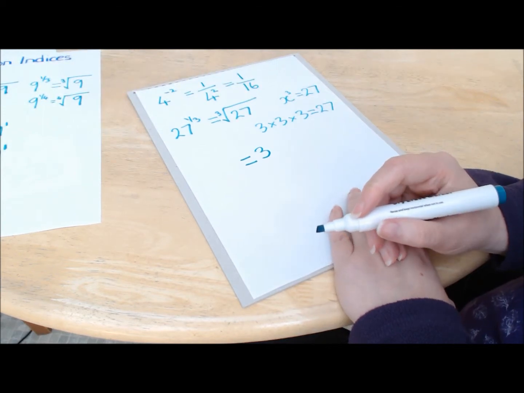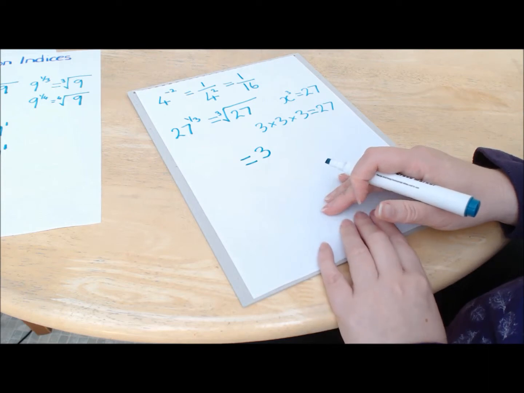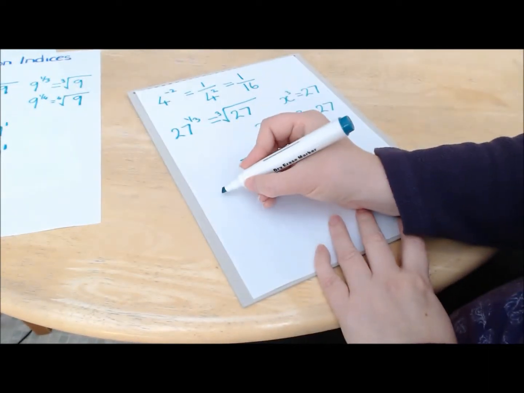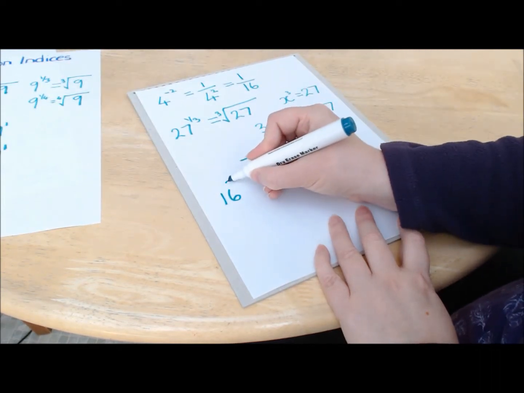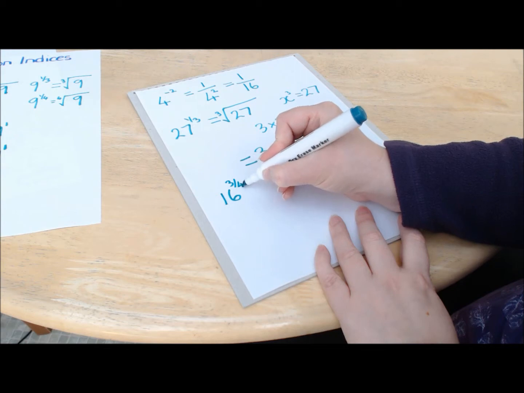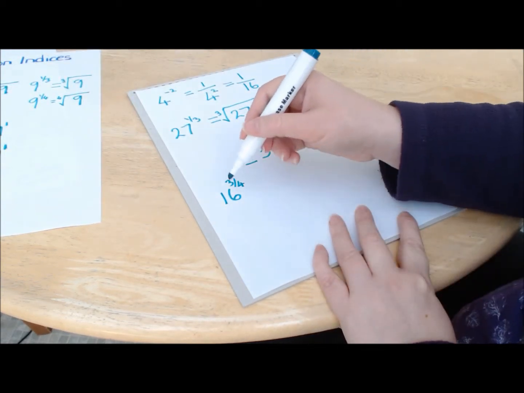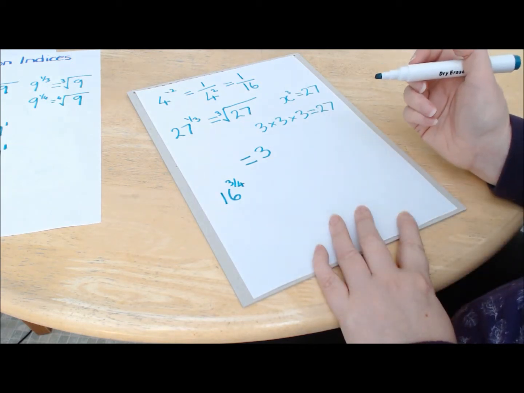Okay, now typically these actually come in a more combined version. So we're going to look at what to do with something like this. We've got 16 to the power of 3/4. Now we haven't done one which has got a number on the top of the fraction. How do we solve this?